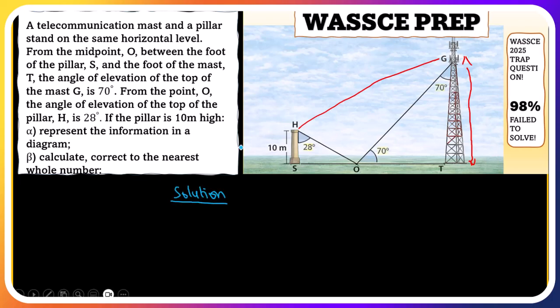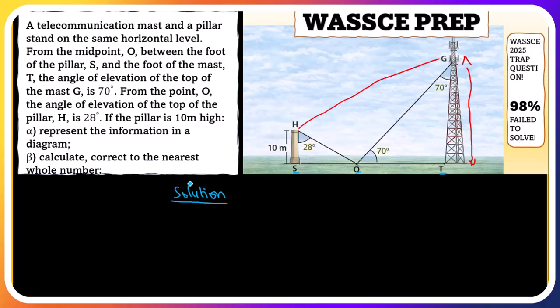Solution. From the information given, we have the foot of the pillar as S, the foot of the mast as T. Now point O is the midpoint of the foot of the pillar and that of the mast.